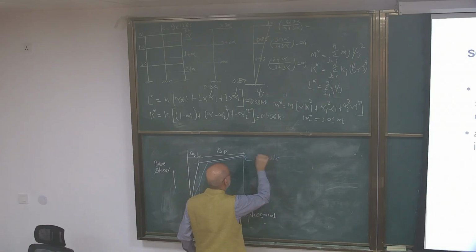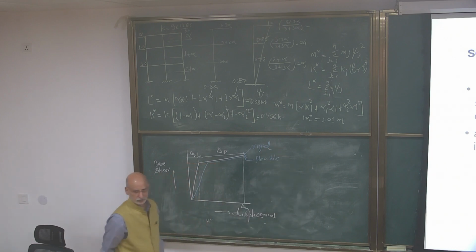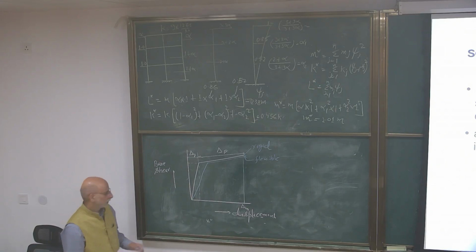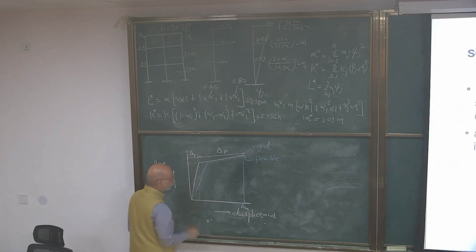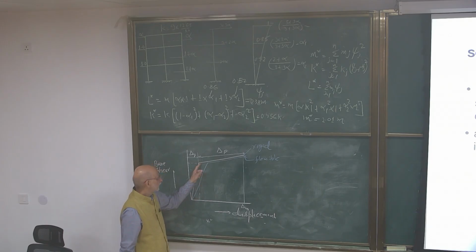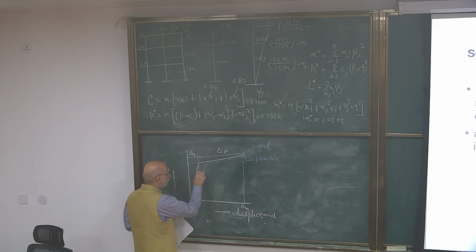Flexible means you have soil, versus rock. So the slope will define what we use. The structure is the same, in one case you have a flexible foundation, in another a rigid foundation. Because of the flexibility of the foundation, the yielding has shifted slightly away. This is your foundation effect.